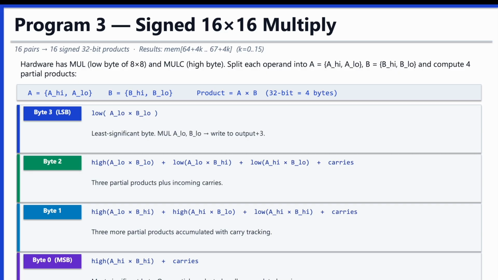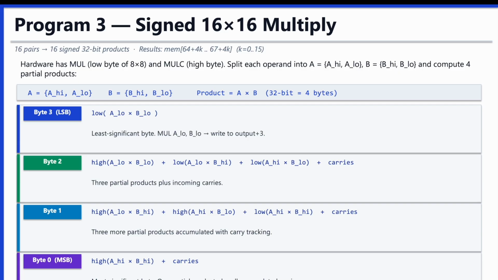In order to do this, we first assume the output is always going to be 32 bits. And then we divide this 32-bit final output into 4 different slots. The lowest slot can be determined only by the low byte calculations of the two values, so we do that first.